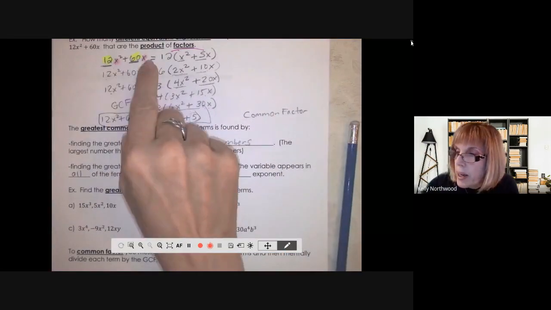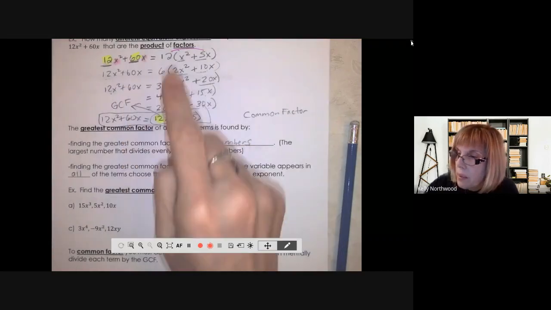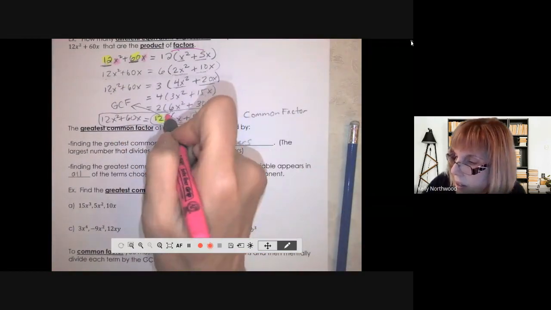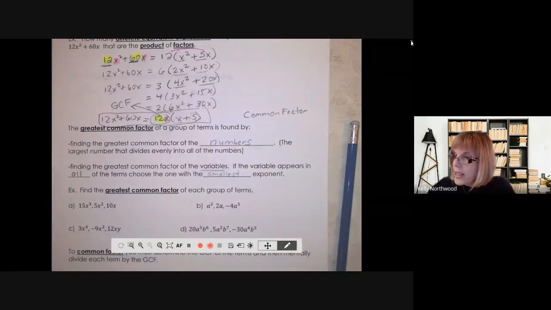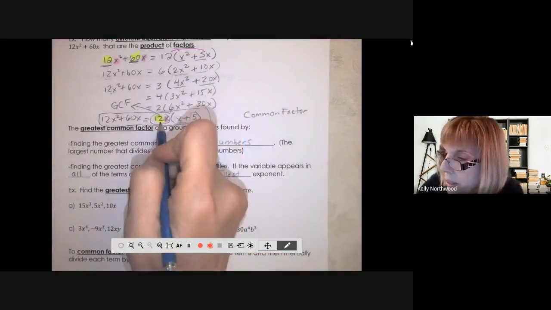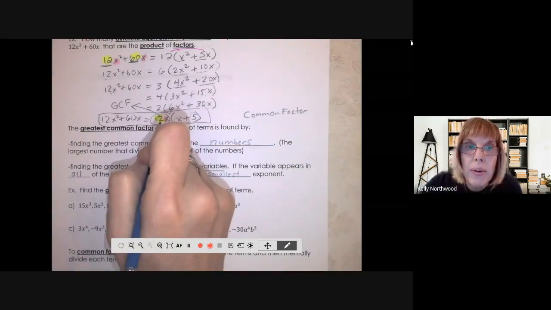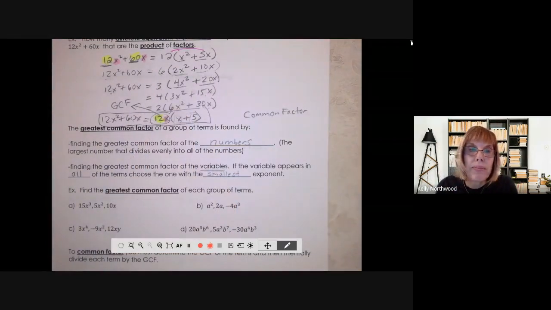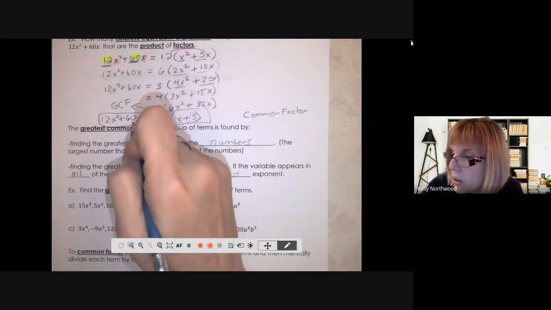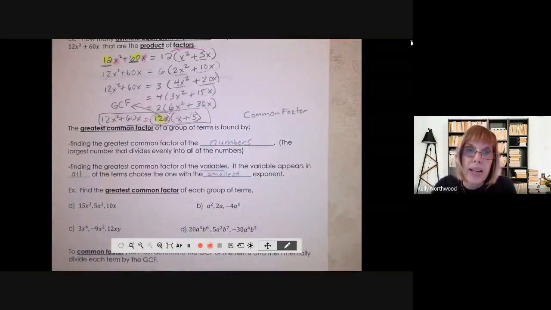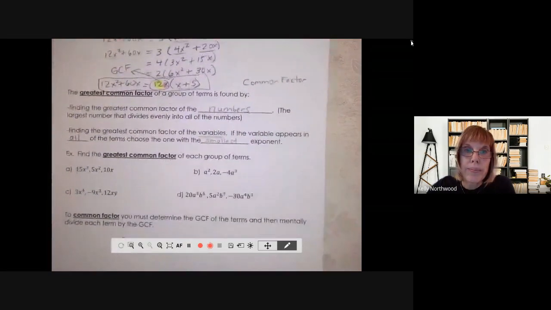So I have an X squared and an X. For my greatest common factor, I'm choosing the X to be part of my greatest common factor. That's because you can divide 60x by 12x without getting a negative exponent. You can't think of X squared going into X, because then you'd have a negative exponent occur, which you don't want.